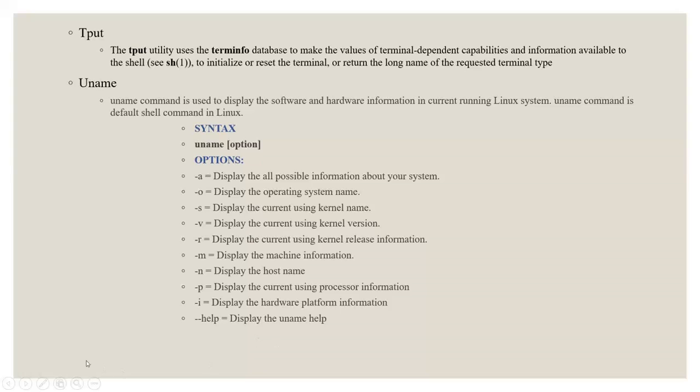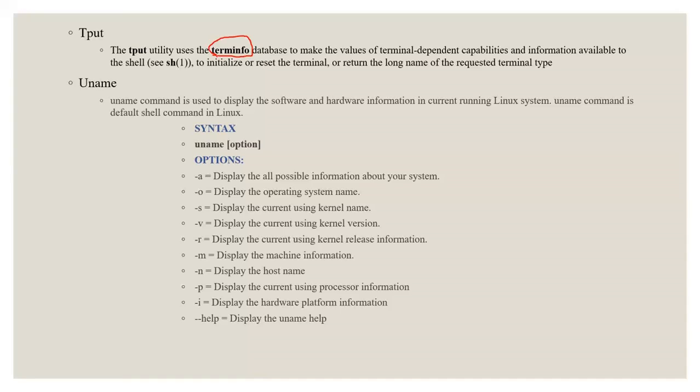This command, tput, is used to display the terminal information. The terminal is nothing but the interpreter where you give commands to the kernel and they are executed by the kernel.